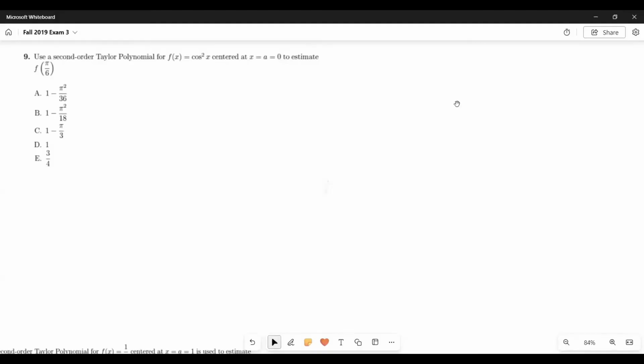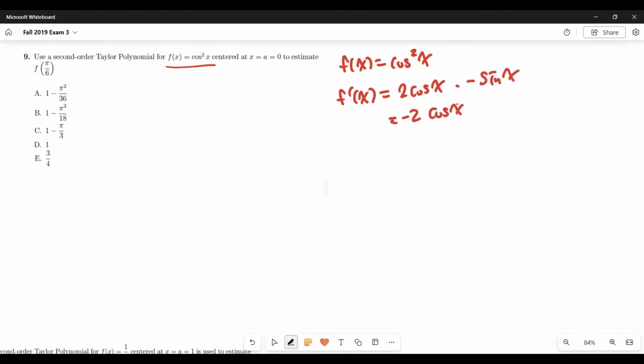Okay, this question asks to find the second order Taylor polynomial. If you remember your Taylor series for cosine squared x, that would be great, but since I don't remember it, I'm just going to manually find it. So our f(x) is cosine squared x. If you find the derivative of that, that will be 2 cosine x times negative sine x, which is negative 2 cosine x sine x, and that looks kind of similar to when we know that sine 2x is 2 sine x cosine x, right?